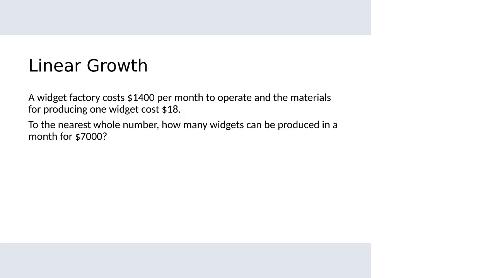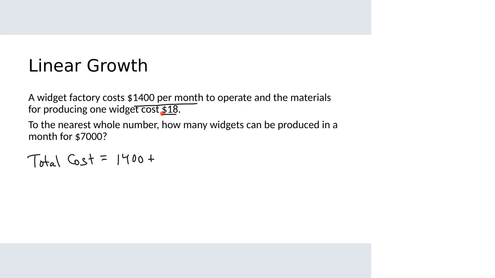To the nearest whole number, how many widgets could be produced in a month for $7,000? What we're going to want to do here is come up with a model for our total cost. So let's start with that. The total cost of operating this factory is $1,400 a month plus making a widget costs $18.